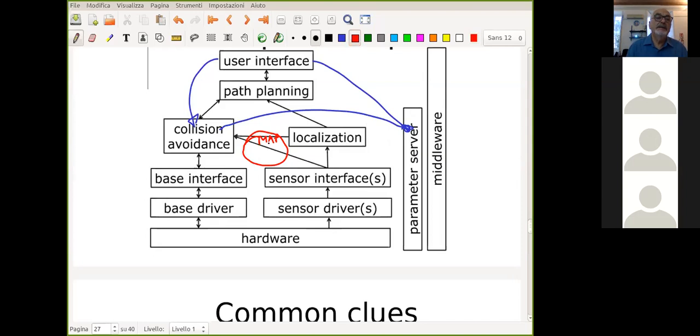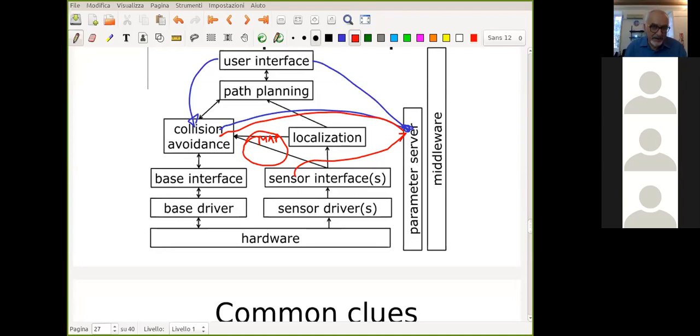In that case, it has to change the parameter that defines the safety distance for avoiding obstacles, because it is safer to stay farther from a moving obstacle than from still obstacles.